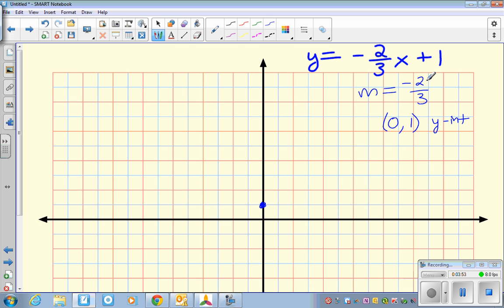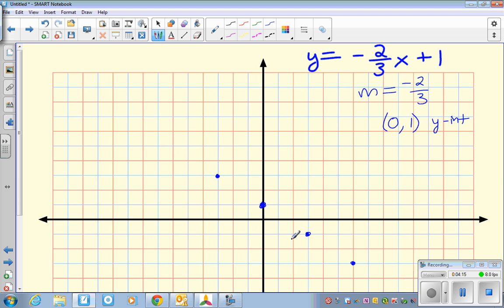Well, negative 2/3 means negative, so I'm going to go down. I want to go down 2, right 3. And I could do that again, down 2, right 3. For those of you that are a little bit of a rebel, you could go up 2 and left 3 if you want. You could put the negative with the 3. You get the same thing if you notice.